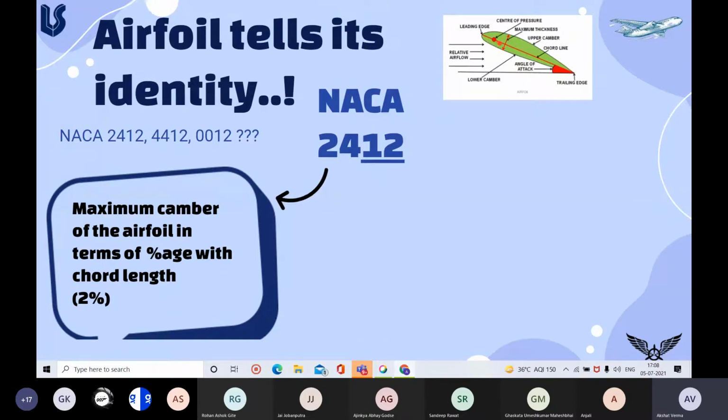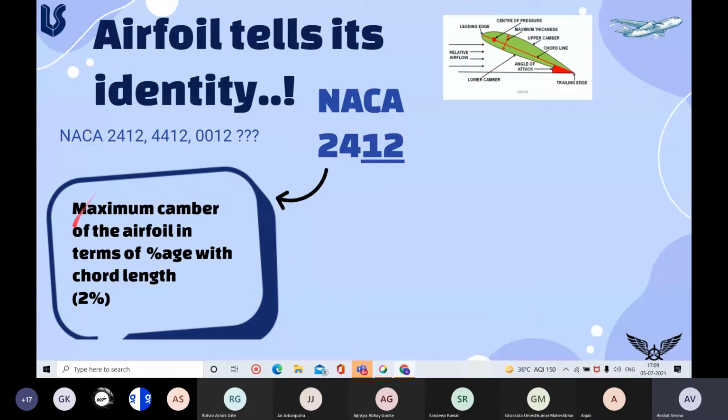If I take any point on the airfoil, like this point, the upper camber is this distance, and the lower camber of the airfoil at this point is this distance. So the difference between these two distances is termed as the camber of the airfoil at that location.